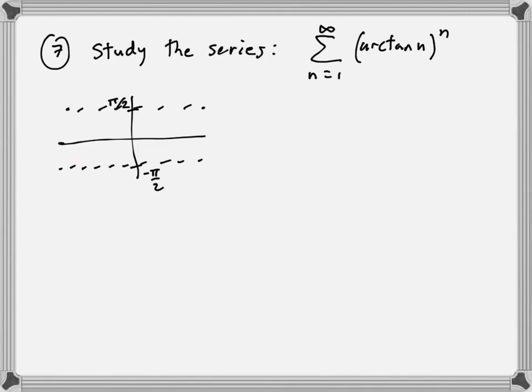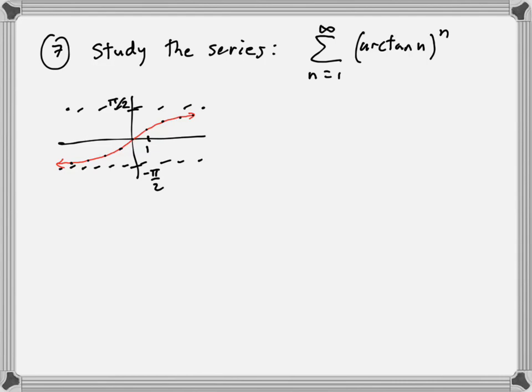So, sorry, arctan looks like this. And so arctan n is just going to be dots along this, right? Okay, so we are looking also from 1 to infinity, so we're really only coming to the right of that, right? So we're only looking at those dots. So let's use this picture to guide us in a moment, okay?